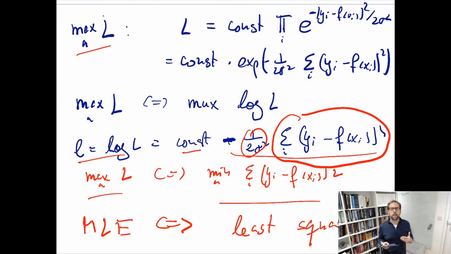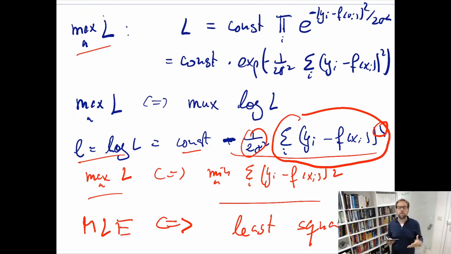So here we knew, for example, that our assumption was firstly that I have IID observations, and all my observations are Gaussian. Only because they are Gaussian do I have this square here. If there were a different distribution, I would have a different loss function here.